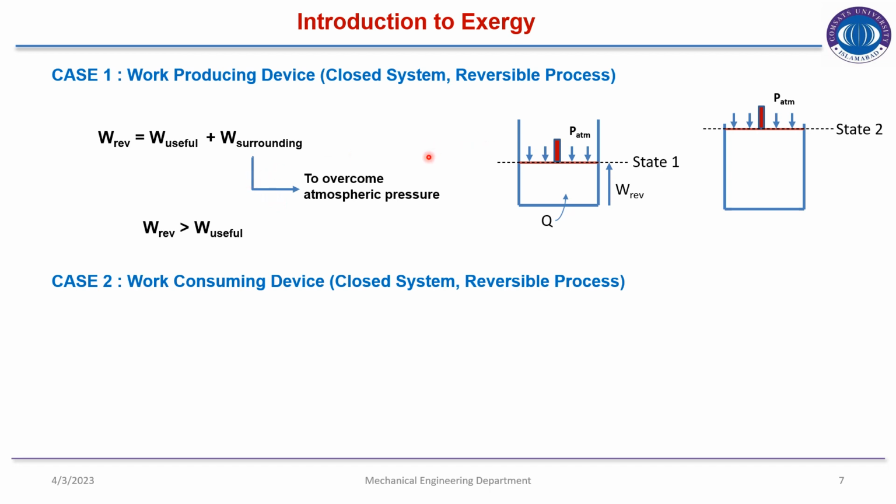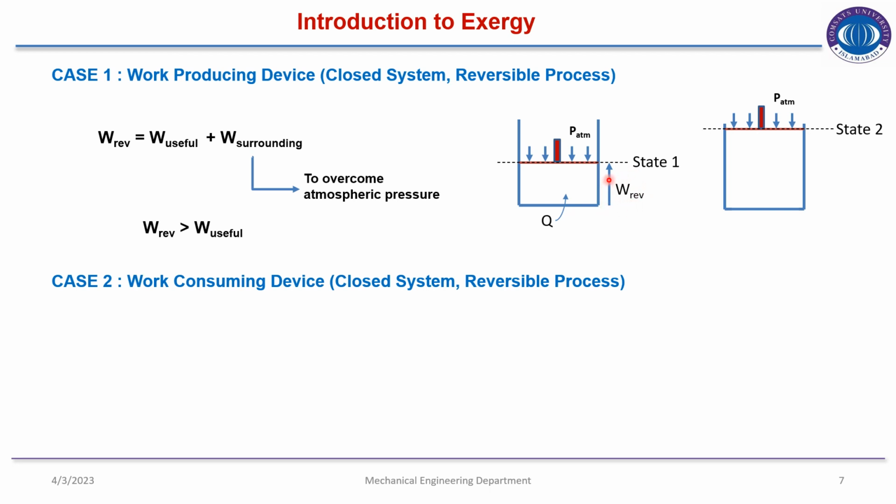Also you have to remember that atmospheric pressure is acting on the piston from outside, so the arrow represents the atmospheric pressure from upside, pushing into the piston. So the reversible work is equal to useful work plus surrounding work. That reversible work will have to face two forces.